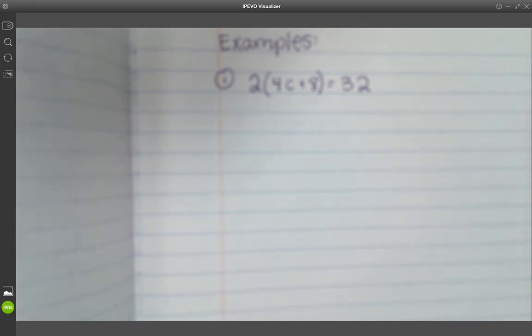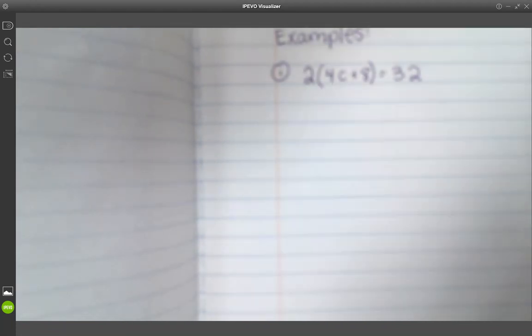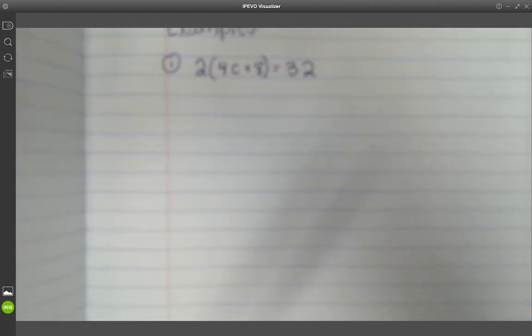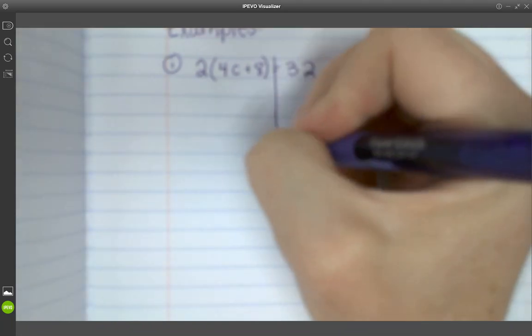Let me adjust that real quick. There we go. Okay, draw your line down your equal sign first.